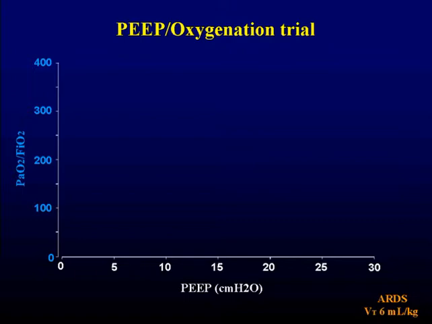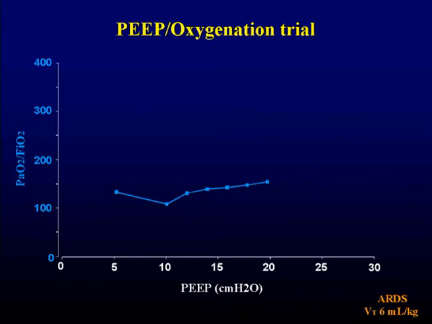In this graph we're showing incremental PEEP levels and oxygenation, and I think many of you are used to this type of approach of titrating PEEP. What we do is start from 5, and we're ventilating a sick patient with ARDS with a tidal volume of 6 mL per kilogram. We start with 5 centimeters of water of PEEP, and we stay at this level for 4 minutes, looking at oxygenation.